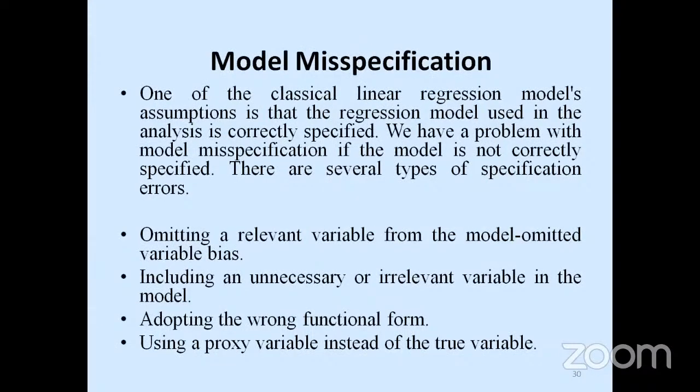This is additional information which I want to give you. When people are preparing models, one of the classical linear regression model assumptions is that the regression model used in the analysis is correctly specified. We have a problem with model misspecification. If the model is not correctly specified, there are several types of specification errors.